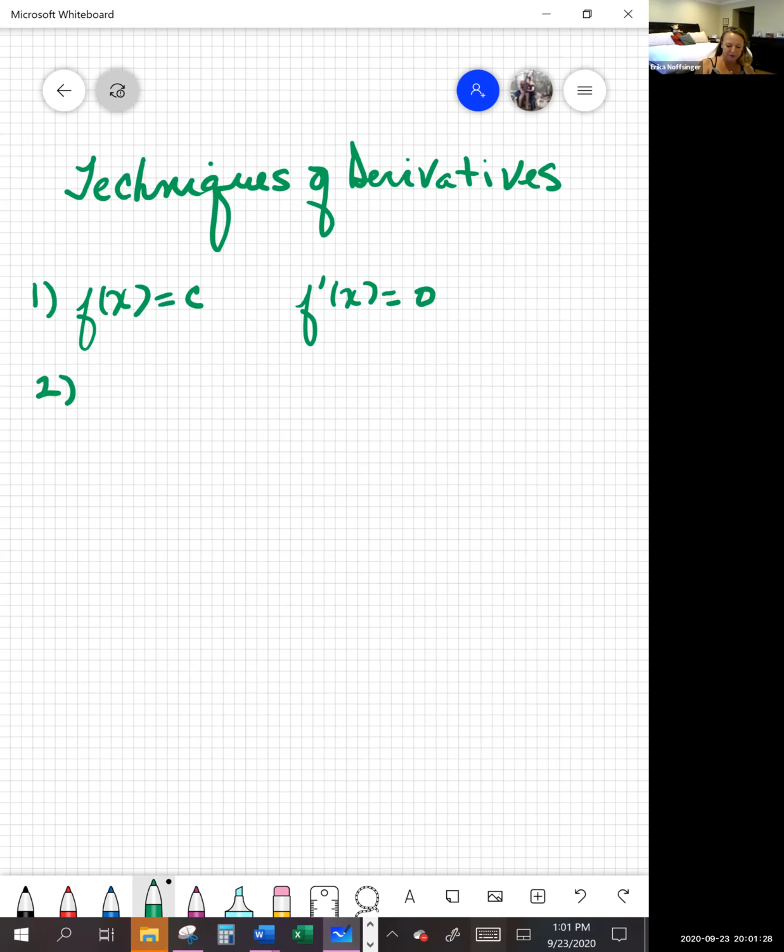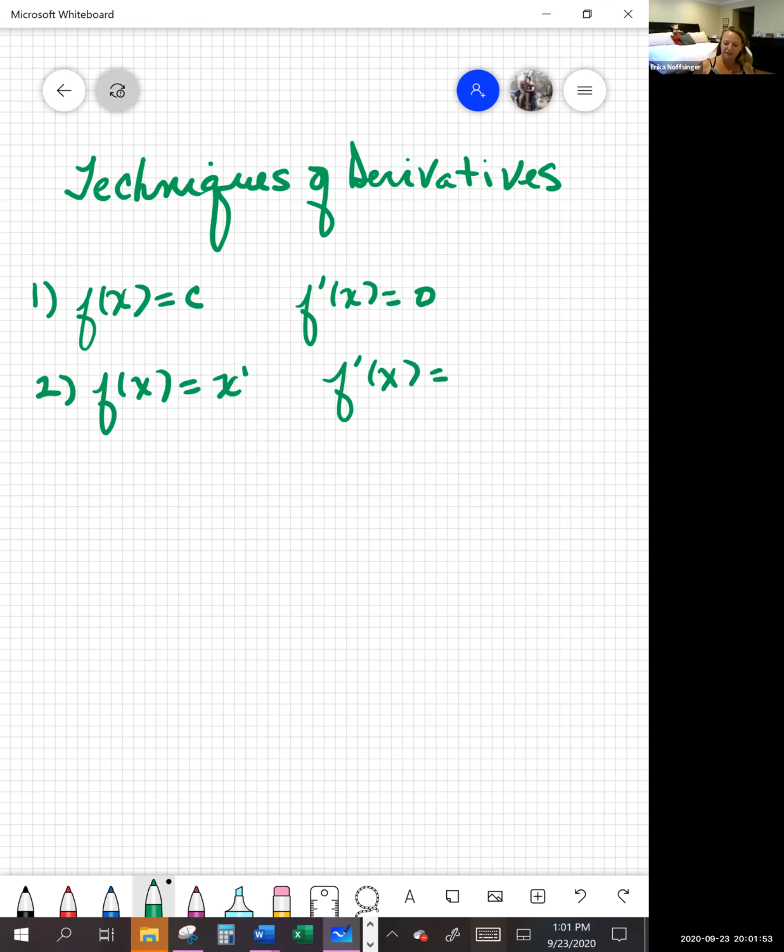What about if you have f of x is equal to x? What would that derivative be? If we apply that rule, right, this exponent is 1.